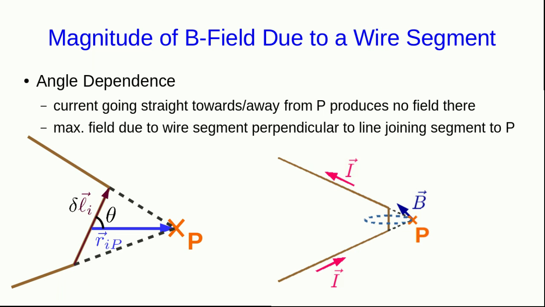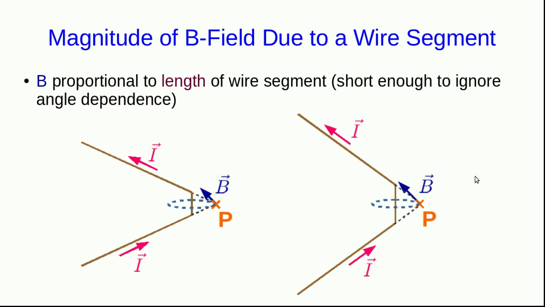And more generally, if there is some angle theta between the wire and the vector pointing at the point P, then we find that the magnitude of the field at P goes as sine theta.